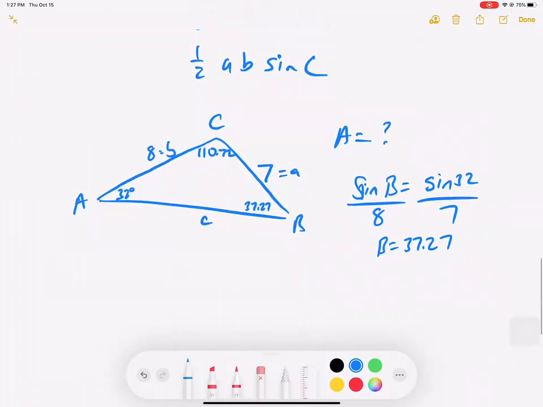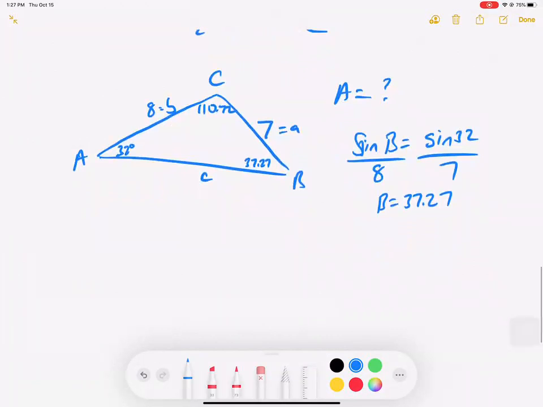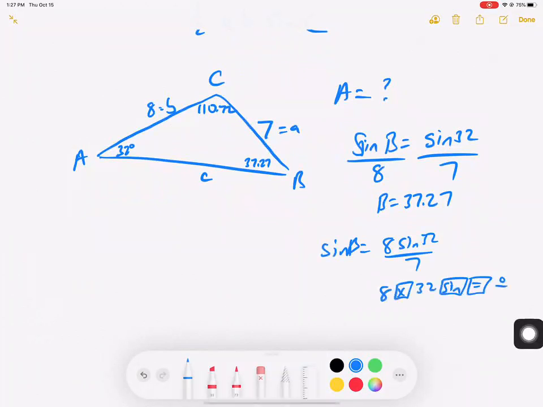Okay, let me write down what I plugged in my calculator. I wrote first sine of B is equal to 8 times sine of 32 over 7. So on my calculator, I type 8 times 32 sine equals, to mix all the numbers on top, then divide by 7, and then I hit equals again.